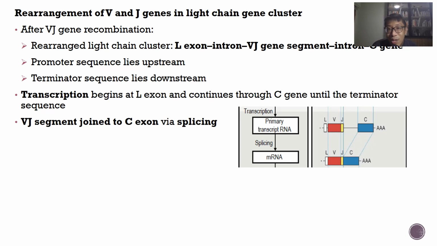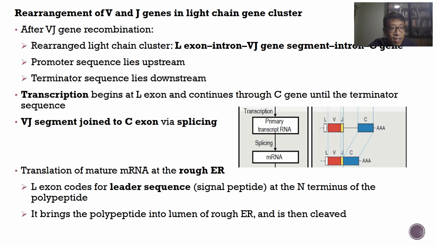The introns would be removed, which means the intron between the VJ exon and the C exons would be removed, so the C exons would be joined to the VJ exon. Now you have this mature mRNA which contains the L exon, the VJ exon, and the C exon.